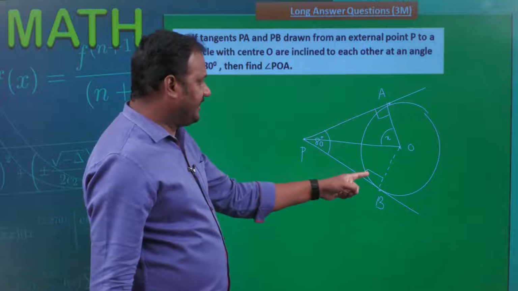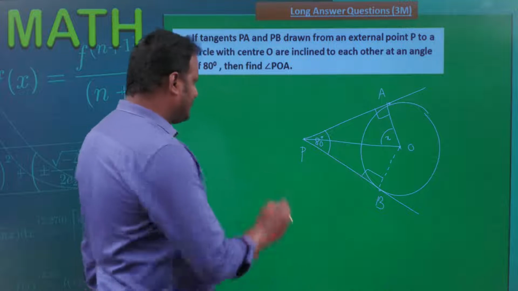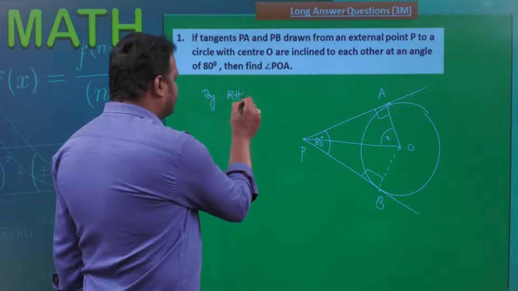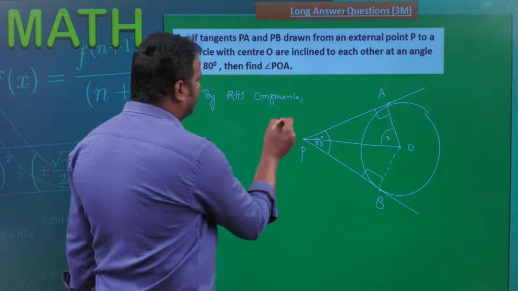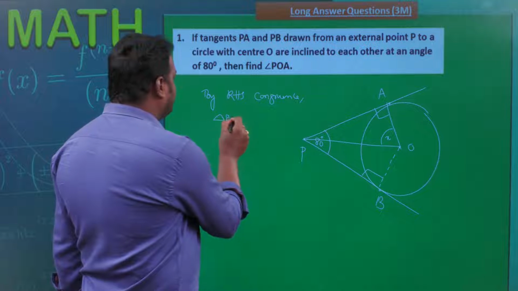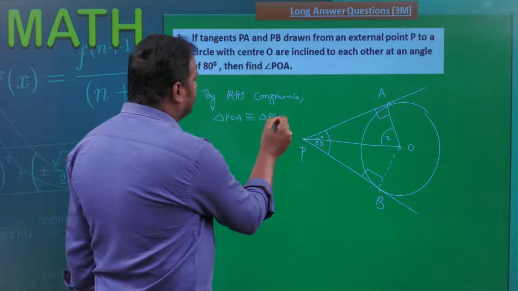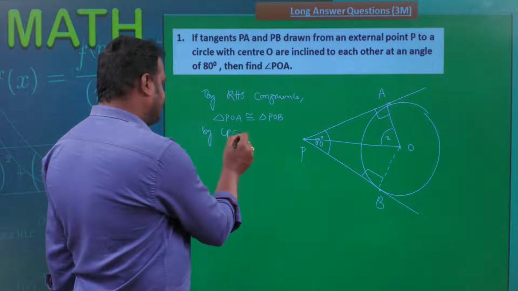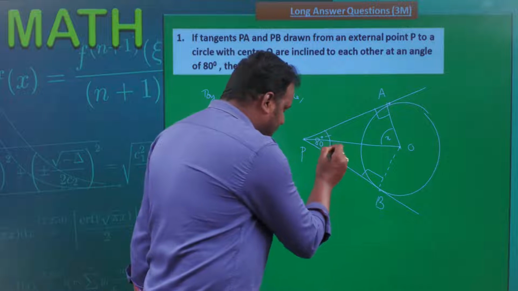Right angle equal to right angle, hypotenuse equal to hypotenuse, side equal to side. So by RHS congruence, triangle POA is congruent to triangle POB. So by CPCT, since they are congruent, this part is equal to this part.